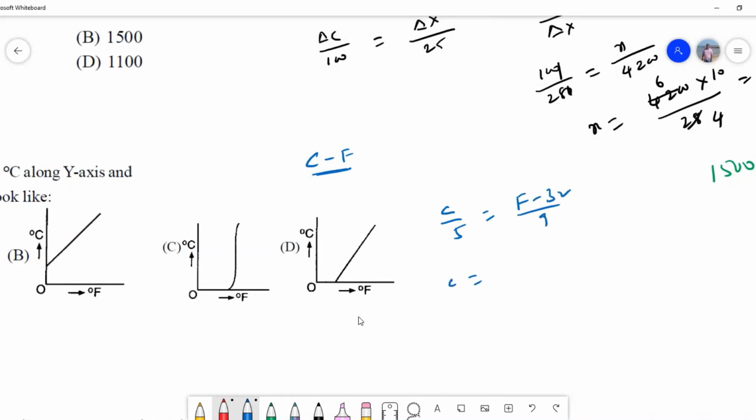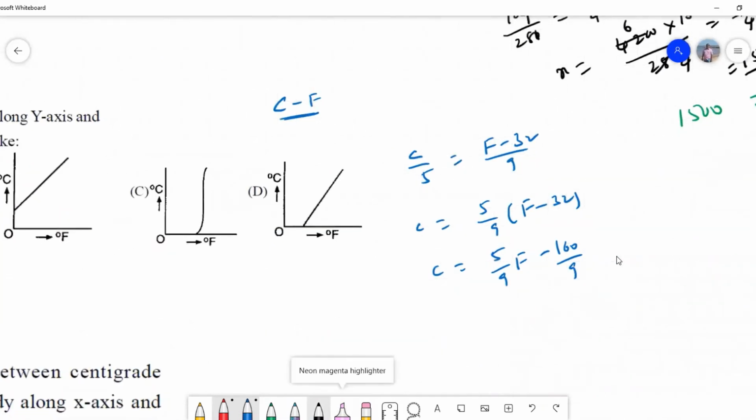So C is equal to 5 by 9 into F minus 32, which is 5 by 9 F minus 160 by 9. This is of the form y is equal to mx minus c.